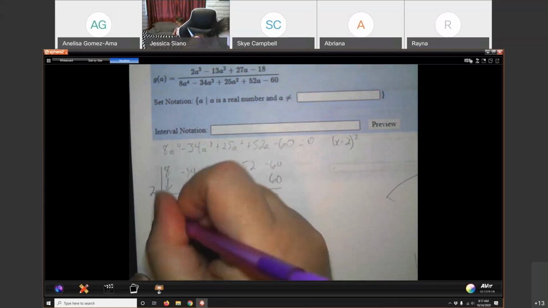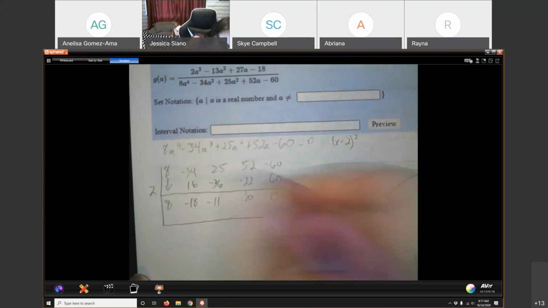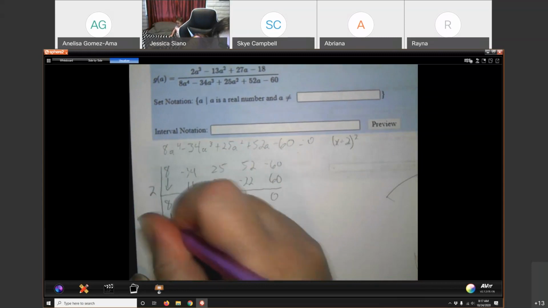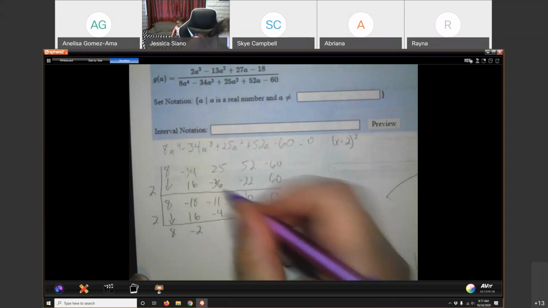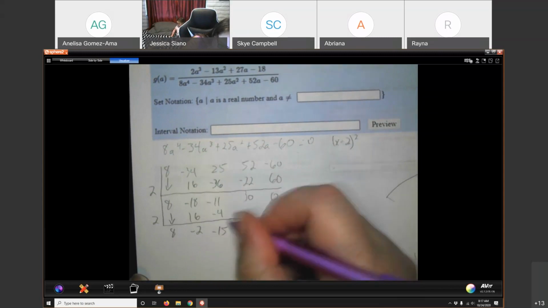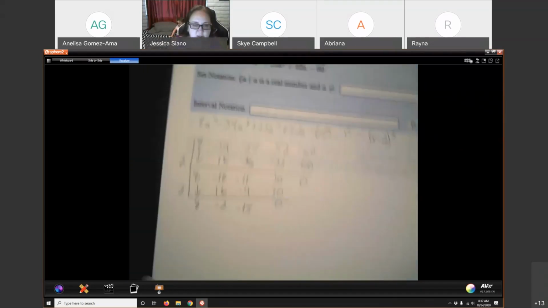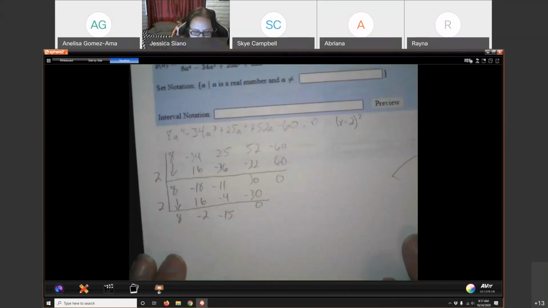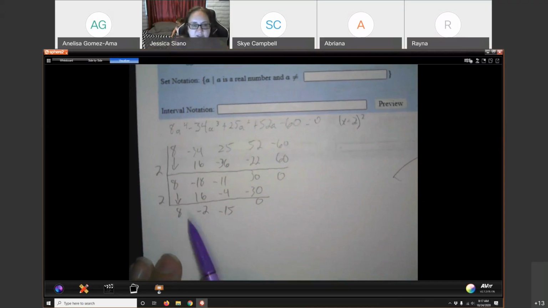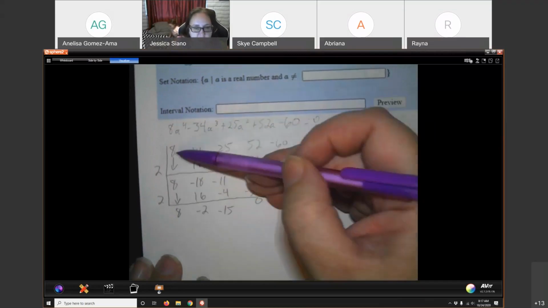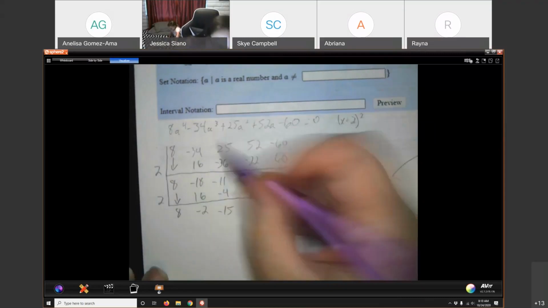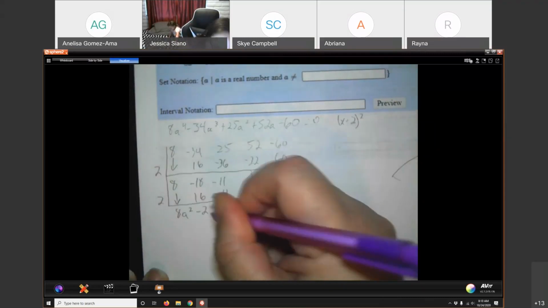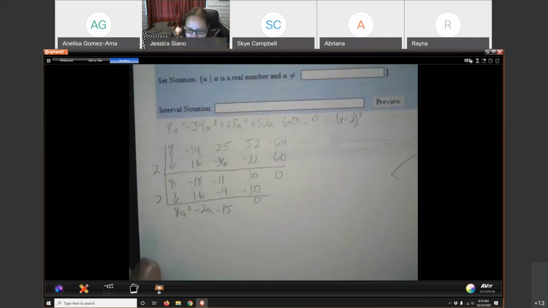And then, like I said, we can do that 2 a second time. 16, add, multiply, add, multiply, add. Okay. So here, if we started at a to the 4th, then this would be a to the 3rd, and this would be a squared. So what I have now is 8a squared minus 2a minus 15.